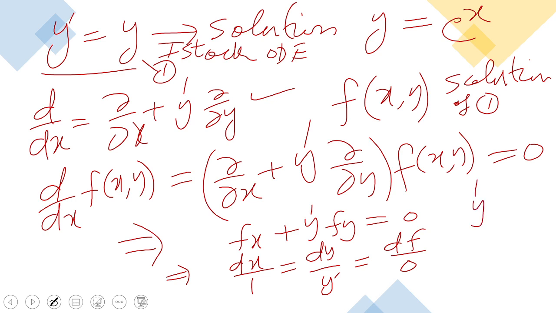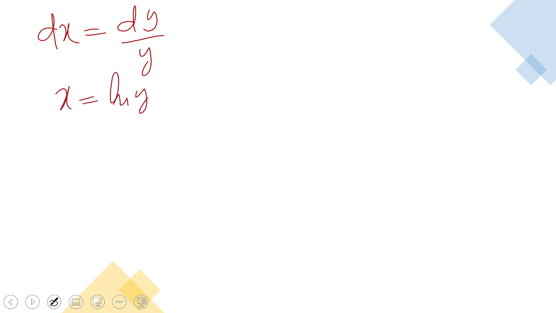Y dash is y. So we have dx is equal to dy over y, because y dash is y, and you see x is equal to natural log of y, which gives me e to the power x equal to y. This is the same answer we saw from the beginning.